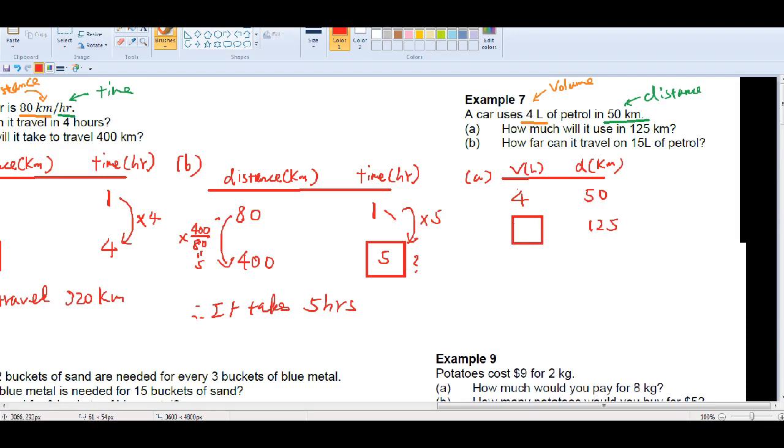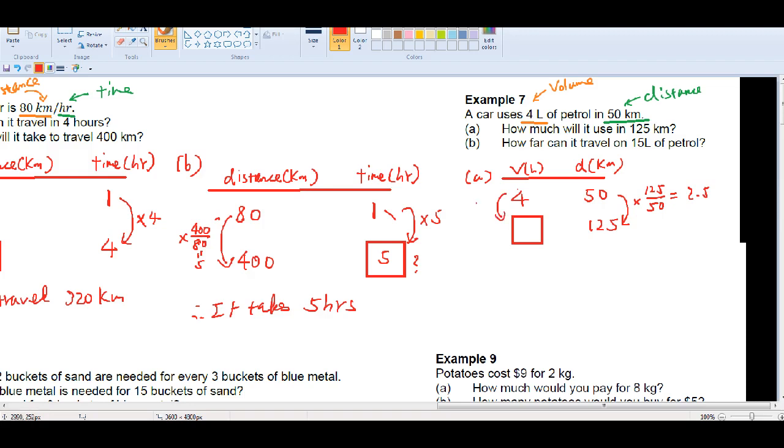How much petrol are you going to use? Think of 50 times what equals 125. It's a bit difficult to do with mental math. So possibly you would just use 125 divided by 50 to find the factor you need, right? So that would be 2.5.